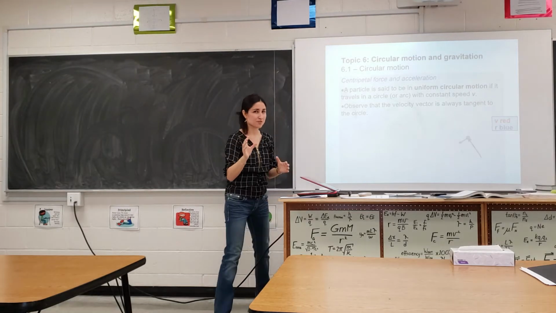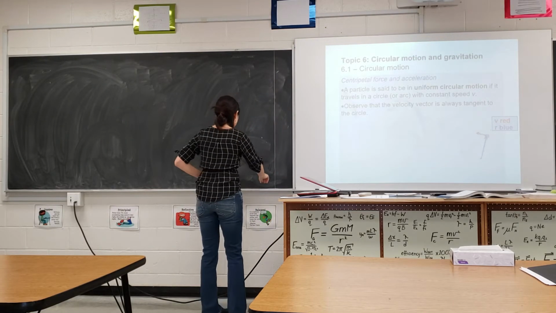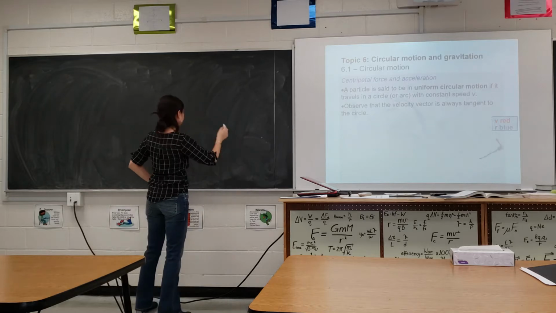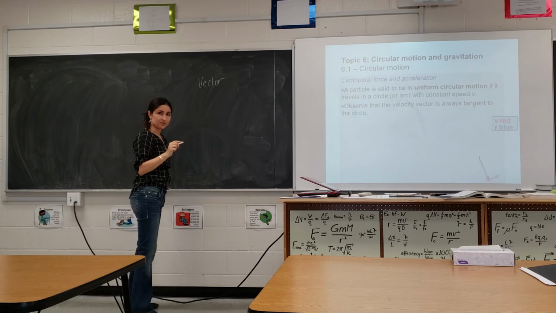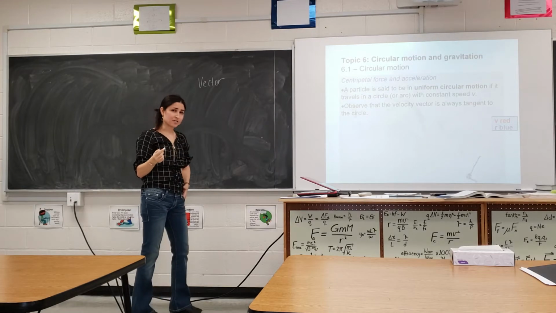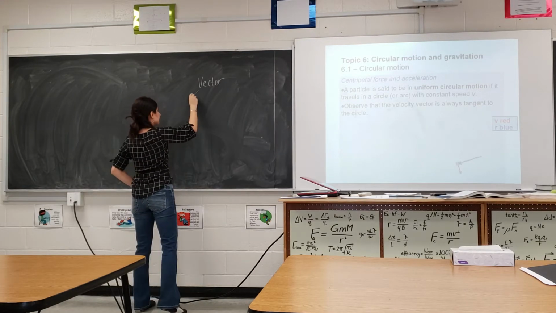Now, the word I just used there, vector, we have to remind ourselves of a couple of things. A vector is a quantity that has magnitude and it has direction.